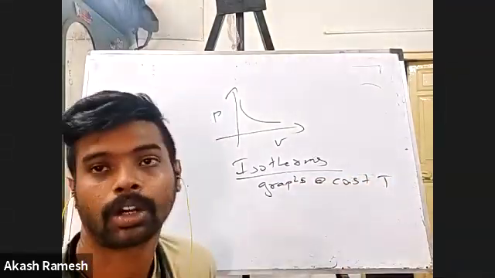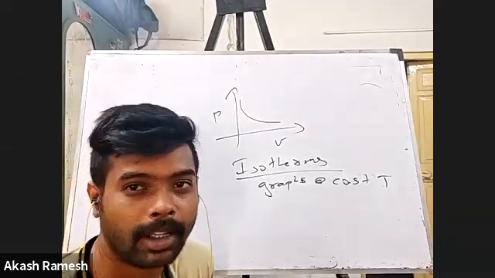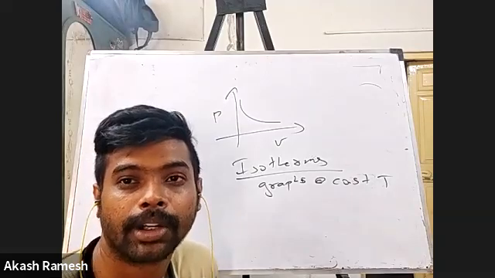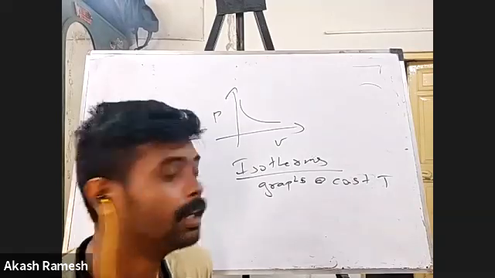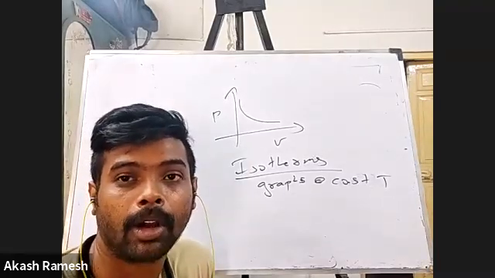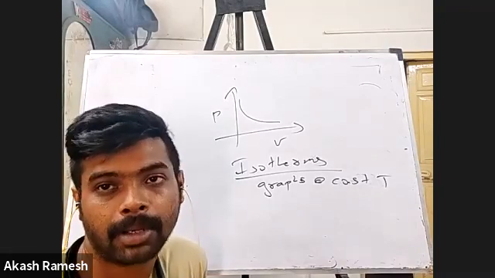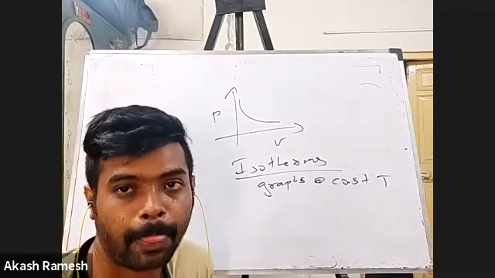With this P versus V graph, the statement itself told us it is at constant temperature, so obviously this graph is called an isotherm. Iso means same, therm means temperature, same temperature.